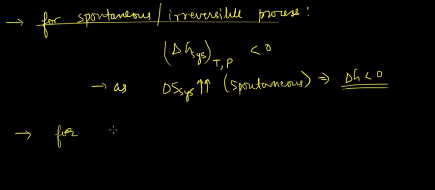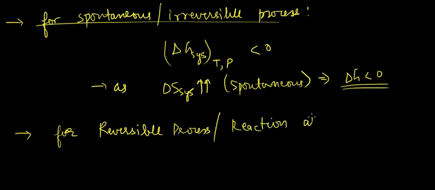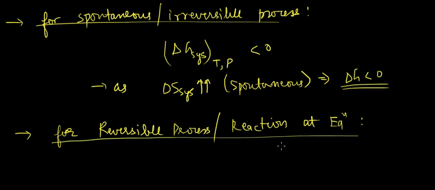Okay, and for a reversible process, or a reaction which is at equilibrium, we can write that delta G of system at a particular temperature and pressure would be equal to 0.